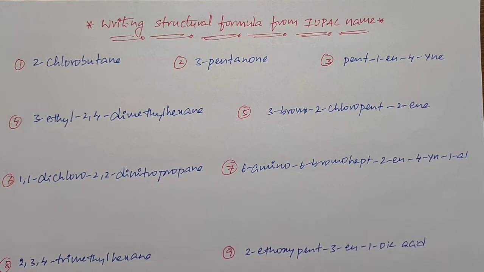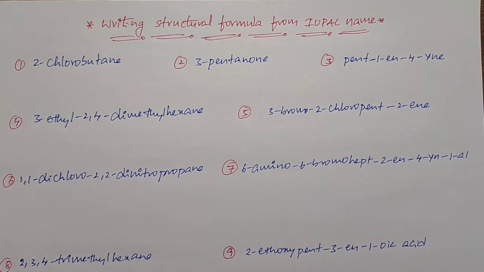Next, the primary prefix. Suppose in the given compound we have the word cyclo, then the carbon atoms must be arranged in a cyclic pattern. If cyclo is absent, the primary prefix is also absent. Then the secondary prefix is the representation of substituents, branches, or secondary functional groups with position numbers.